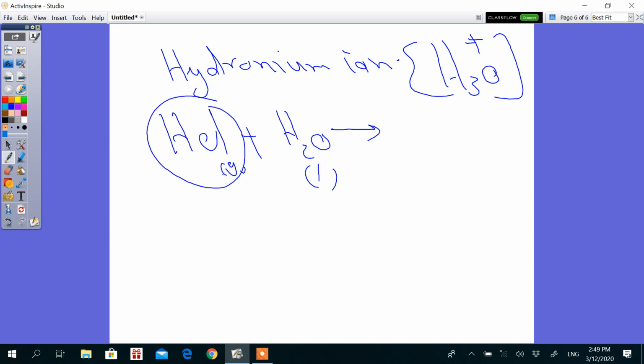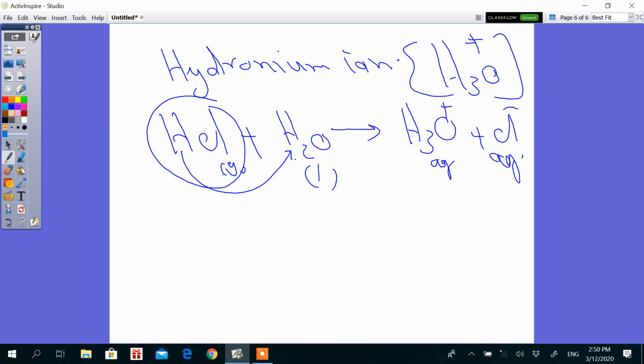That hydrochloric acid dissociates in more water, and the H goes to a water molecule, and they produce H3O positive aqueous and Cl negative aqueous. So that's the hydronium ion. It is the connection between the hydrogen of the acid and the water molecule which the acid dissolves in.